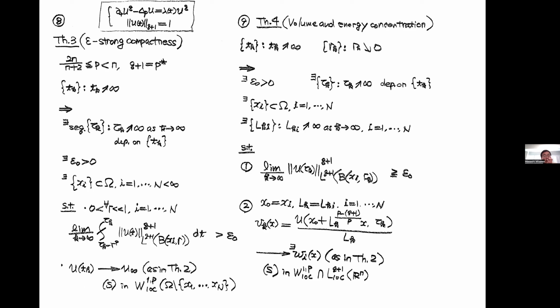This convergence holds strongly in Sobolev space, locally in omega except for finite points x1 to xn. So except x1 to xn, we have strong convergence in energy.